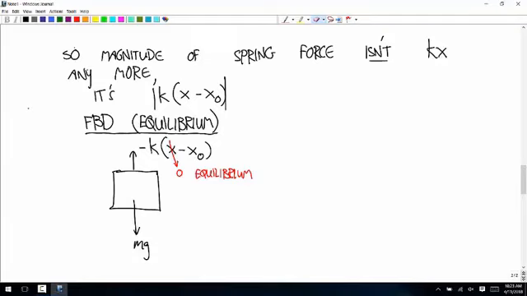And so Newton's second law, just in the x direction, says negative, negative k x0 minus mg is equal to 0.